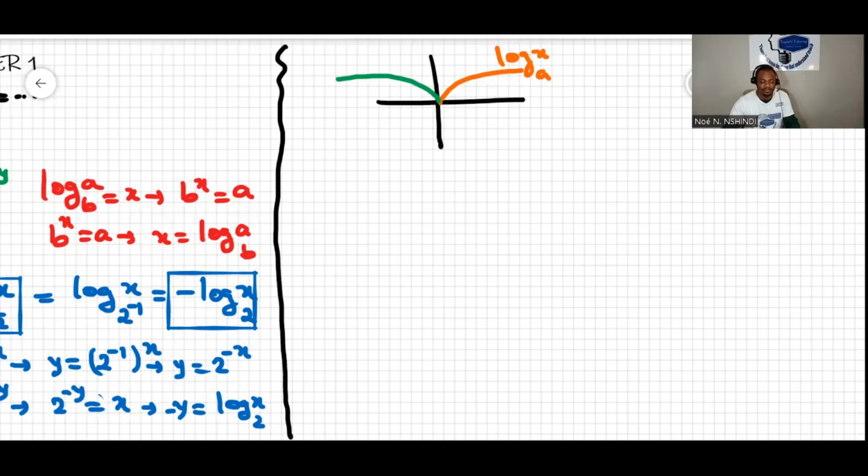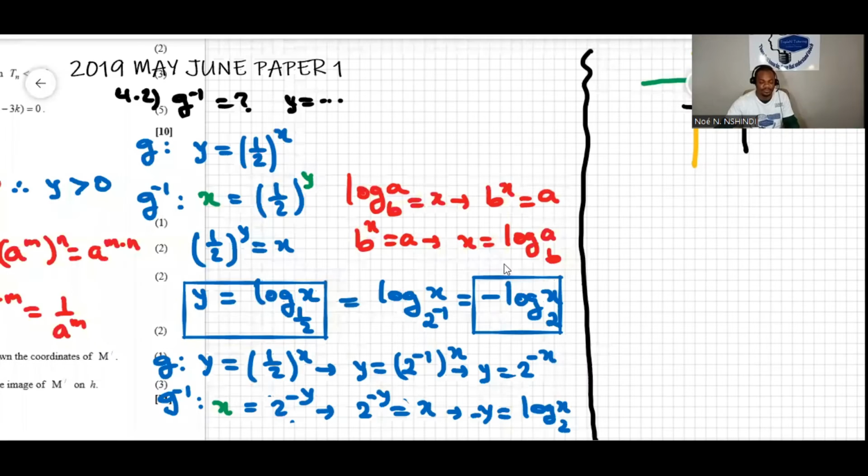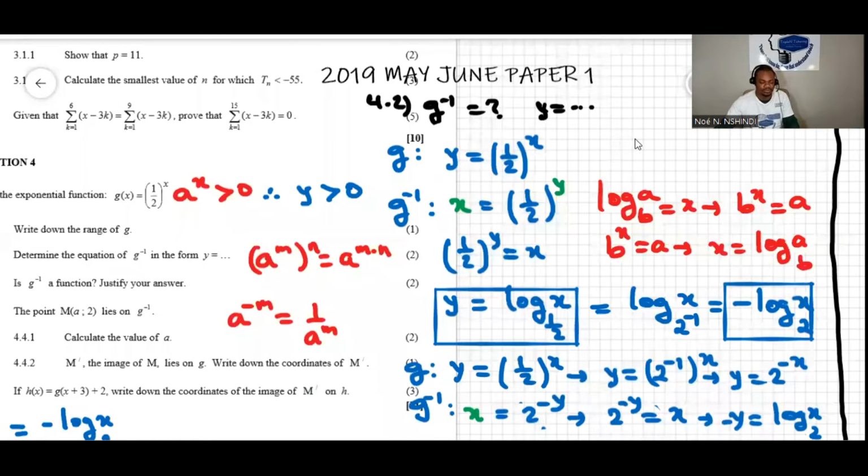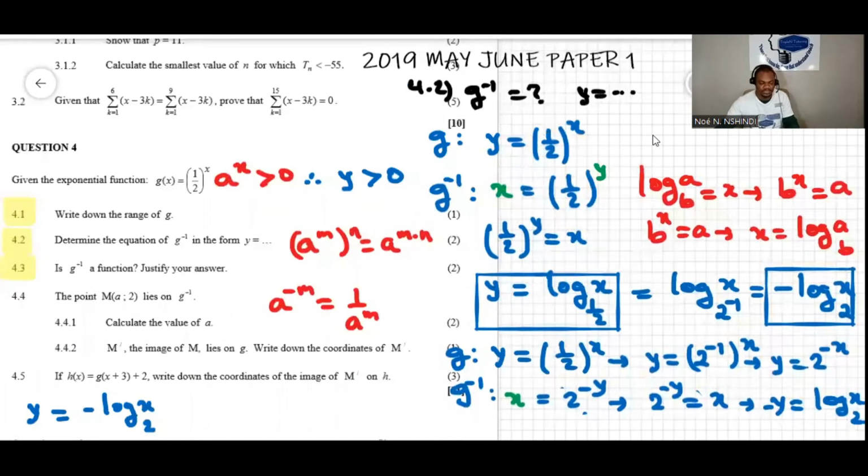Wherever we draw a vertical line, it crosses this graph at exactly 1 point. So we can say that the inverse of g is also a function. So yes, it is a function, because the vertical line test cuts g inverse at exactly one place, regardless of wherever I draw it.